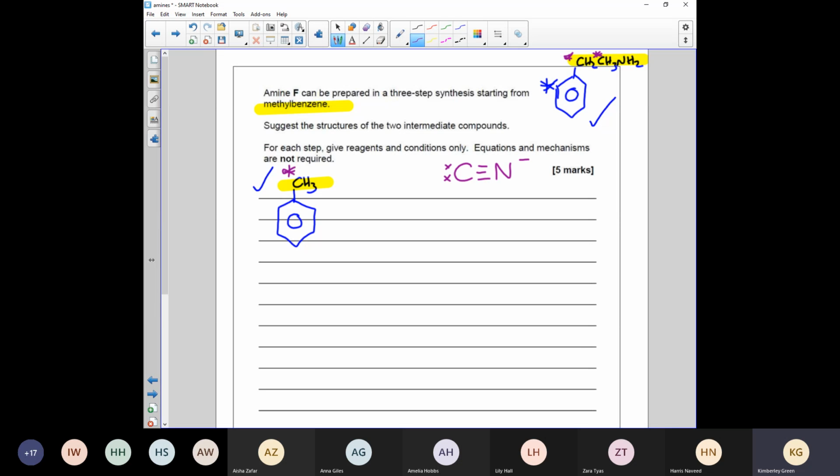So a nitrile group contains a carbon and a nitrogen. And so by adding a nitrile group, you increase the length of your carbon chain by 1 carbon. This is what's happened in this reaction. Our carbon chain has increased by 1 carbon.